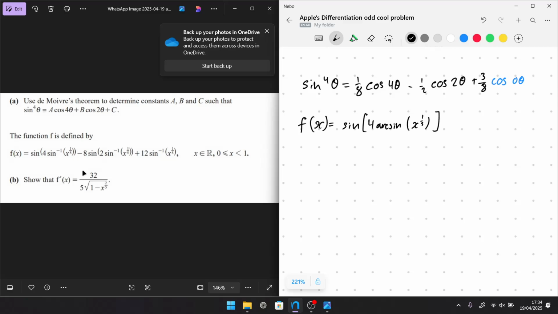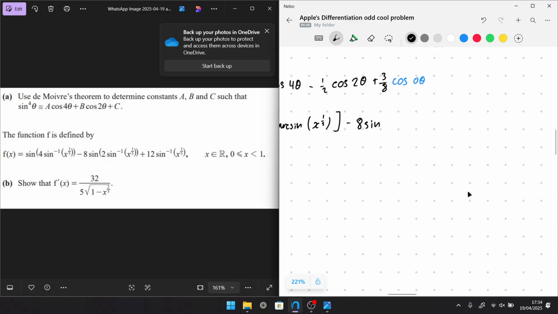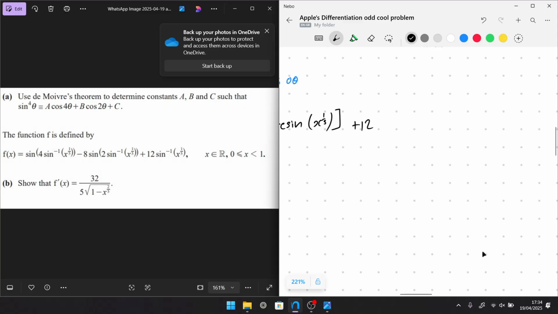The power doesn't really matter. Minus 8 sine of 2 arc sine x to the 1 over 5 again, plus 12. And then this time there is no sine, it's just arc sine.